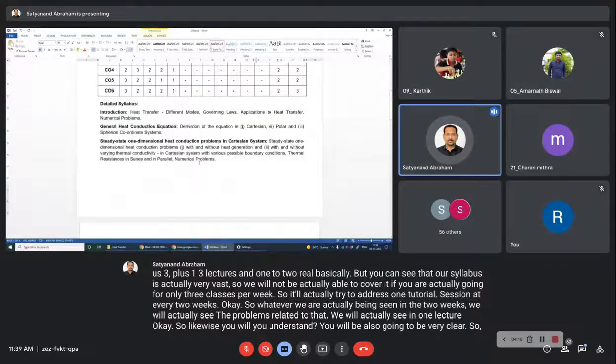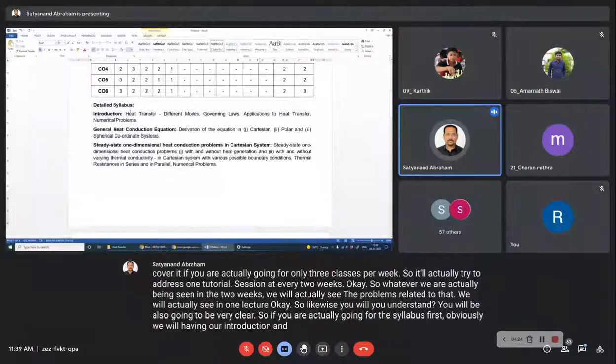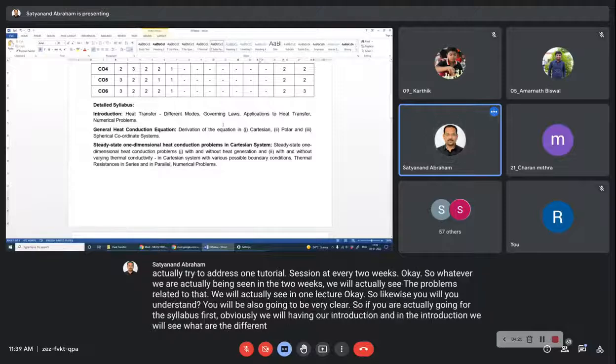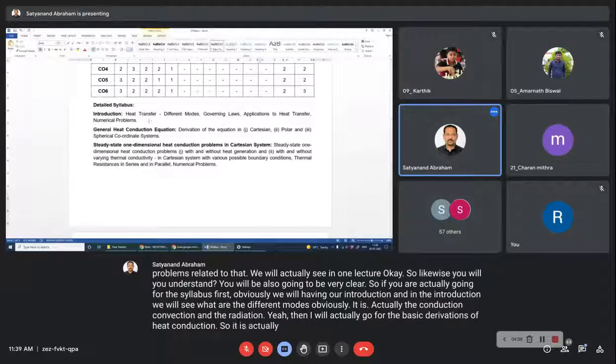If you are going through the syllabus, first obviously we will have our introduction, and in the introduction we will see what the different modes are. Obviously, they are conduction, convection, and radiation. Then we will go for the basic derivations of heat conduction. It is going to be divided into 3 parts.